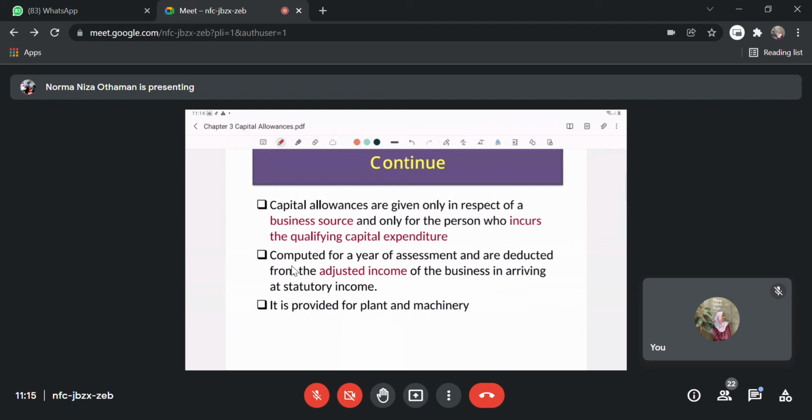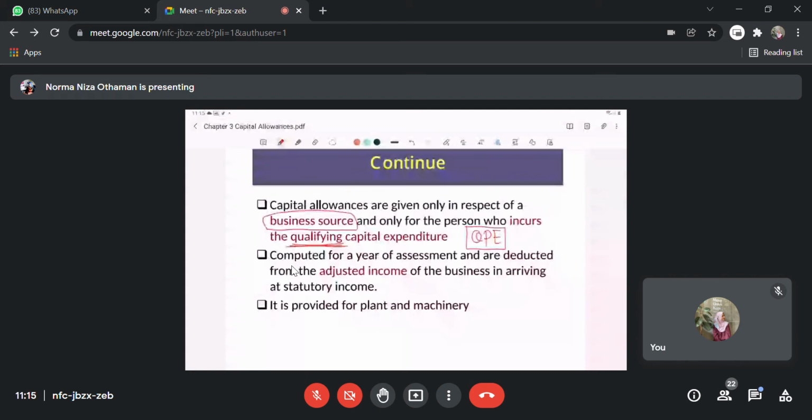So sebab tu kita nak tengok which one is qualify. Okay, siapa yang layak? So kita mesti compute the QPE dahulu, qualifying plant expenditure. So ini adalah first item yang you all kena compute. You kena kira it should be qualify, baru layak untuk claim capital allowances.